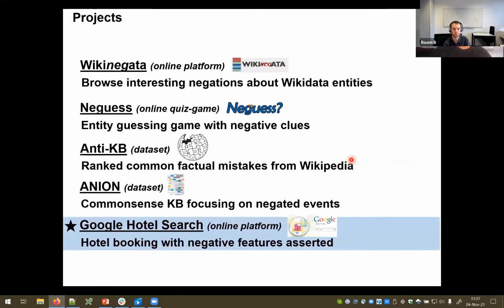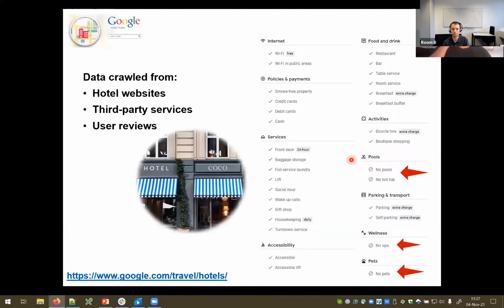And the last one is an online platform that we all know, we all use for booking hotels and such, the Google hotel search. So normally, you're booking a hotel, and then you would check the features, and you get that this hotel would offer me Wi-Fi, it has a bar, it has a front desk, etc. But the thing that we're starting to see now is that negative features are also useful in this case, because I want to know what it doesn't offer explicitly.